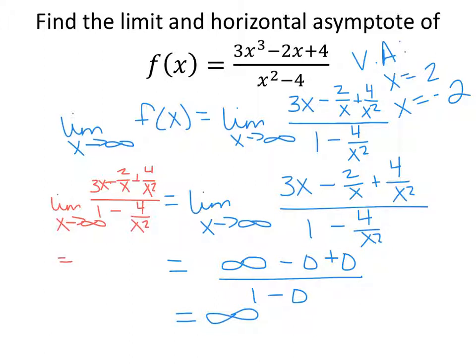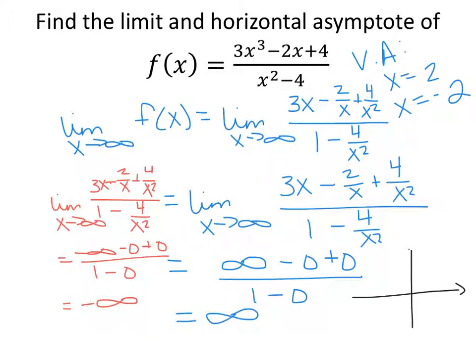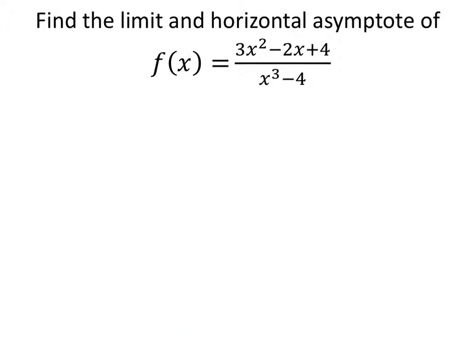Now I'd have negative infinity minus 0 plus 0 over 1 minus 0, so that would be going to negative infinity, which means the far right-hand side of my graph, if I'm looking at it, right, we know we have an asymptote at 2, we have an asymptote at negative 2. The far right-hand side is somehow going down in this direction, and the far left-hand side has to be increasing in this direction.